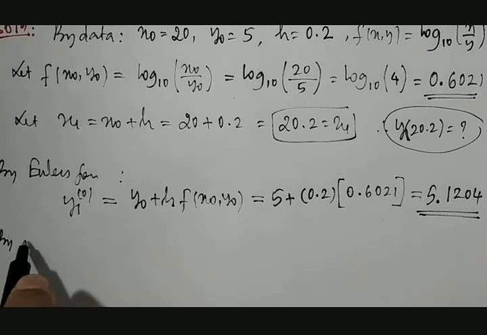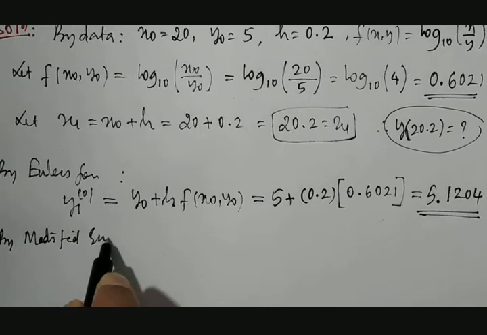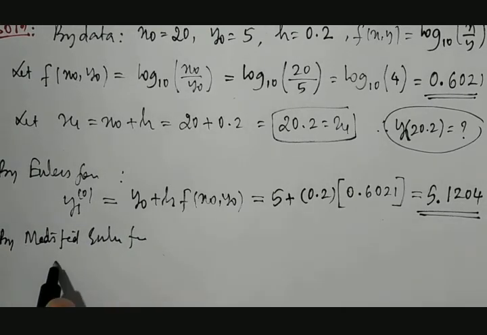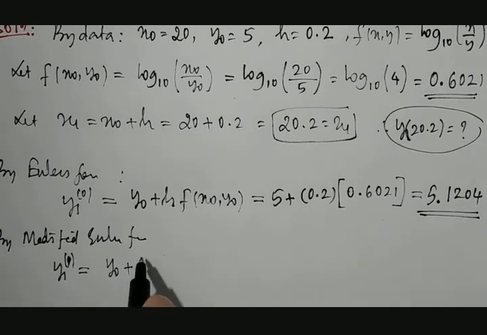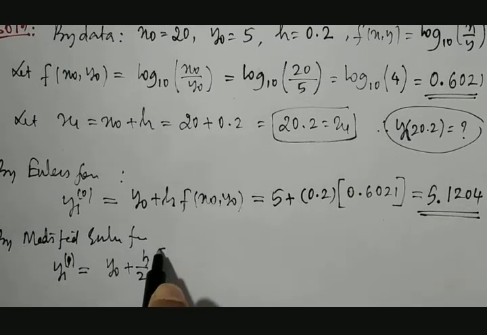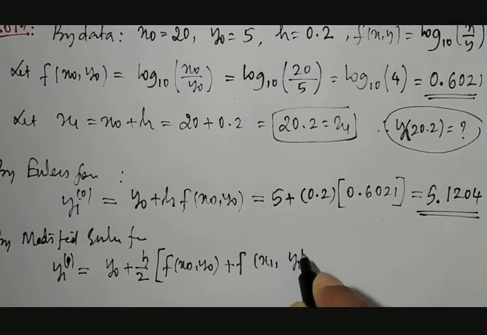Then by modified Euler's formula, the first approximation to y1 is equal to y naught plus h by 2 into f of x naught comma y naught plus f of x1 comma initial value of y1.